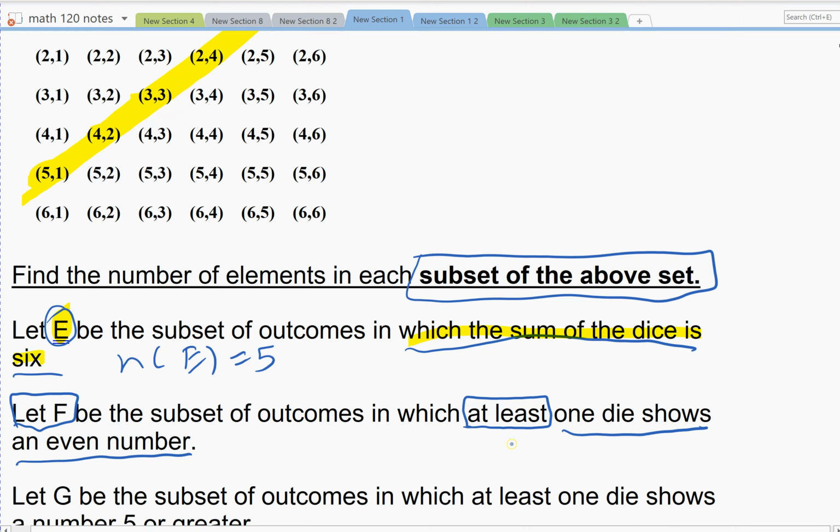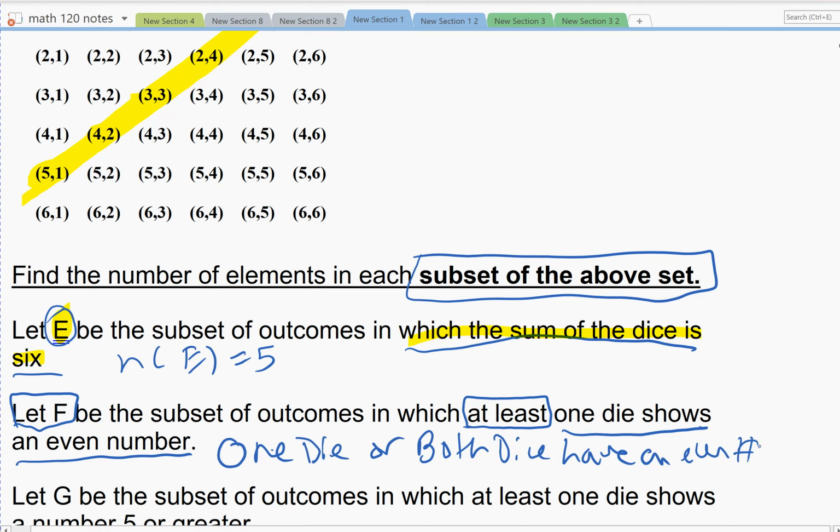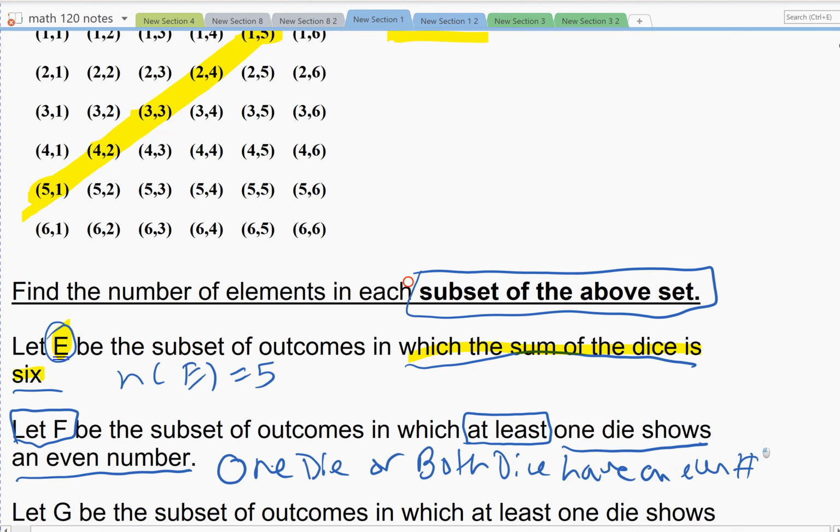At least means one of the dice shows an even number or more, which would be both of the dice showing an even number. So one die or both dice have an even number. That's what it's talking about, at least one even number.